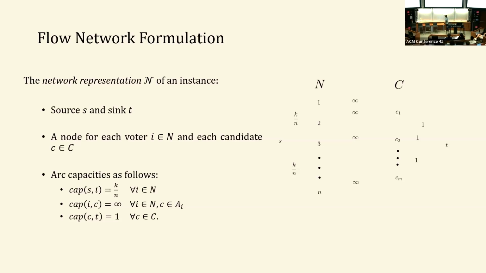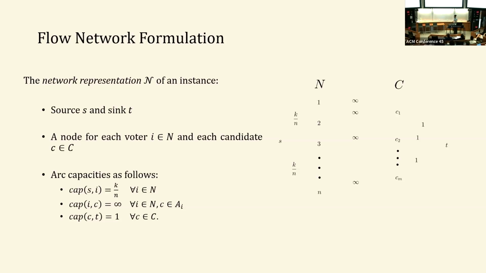Every voter is connected to the source, and we give them K over N capacity to flow to each voter, okay? Then each voter is connected to any candidate that they approve of, only the ones they approve of. We can flow anything here, but each candidate can only flow to the sink with value 1, okay?